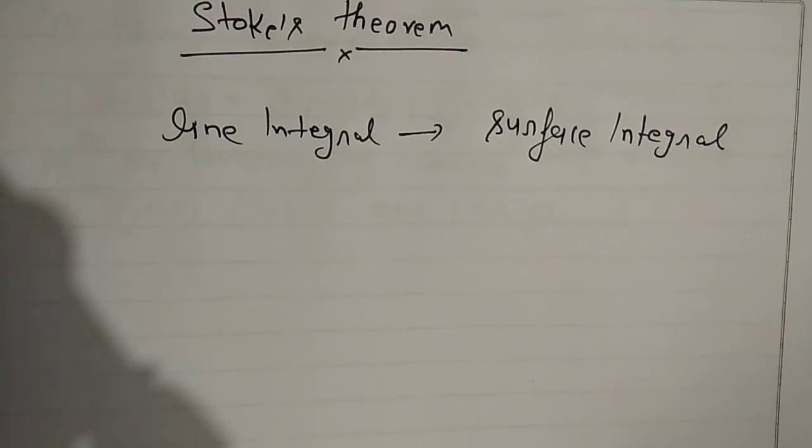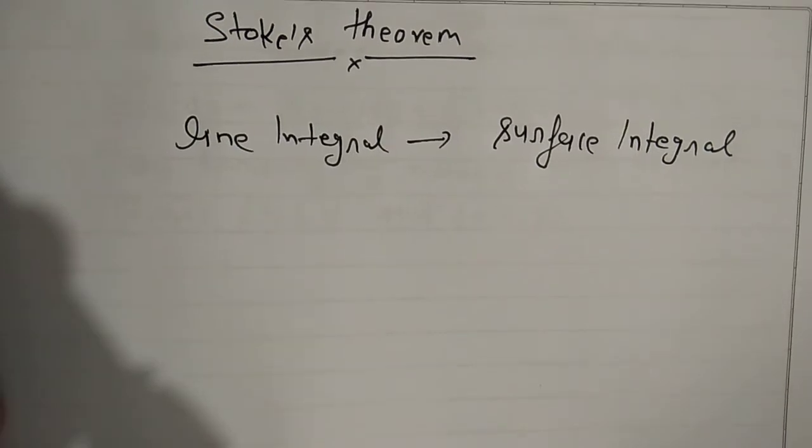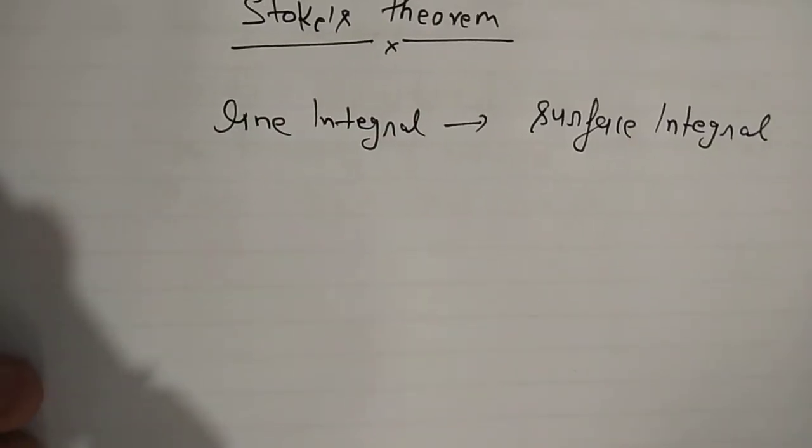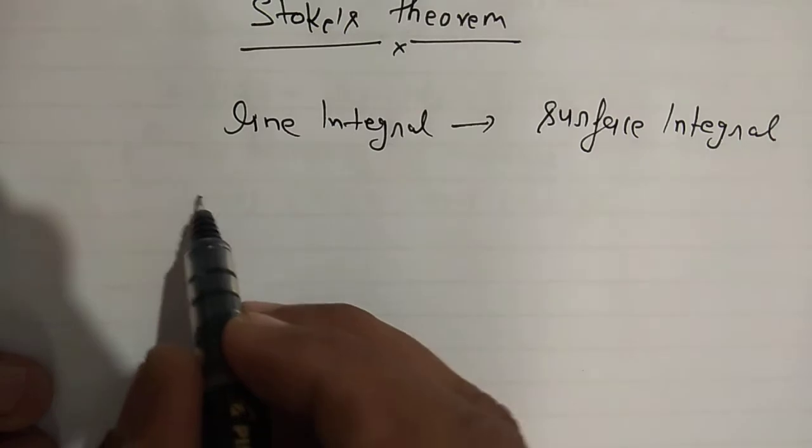But the difference between Green's theorem and Stokes theorem is Green's theorem is applicable only for 2D vectors, and Stokes theorem is applicable for 2D as well as 3D vectors. So let us see the statement of Stokes theorem.